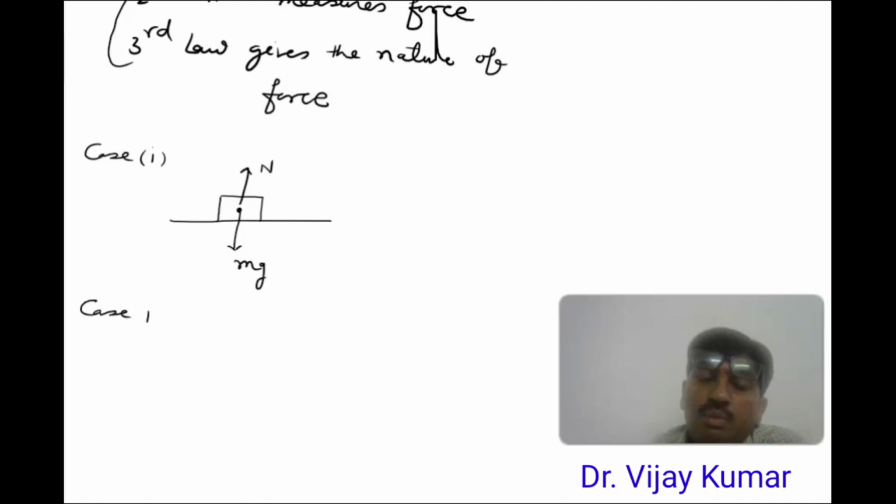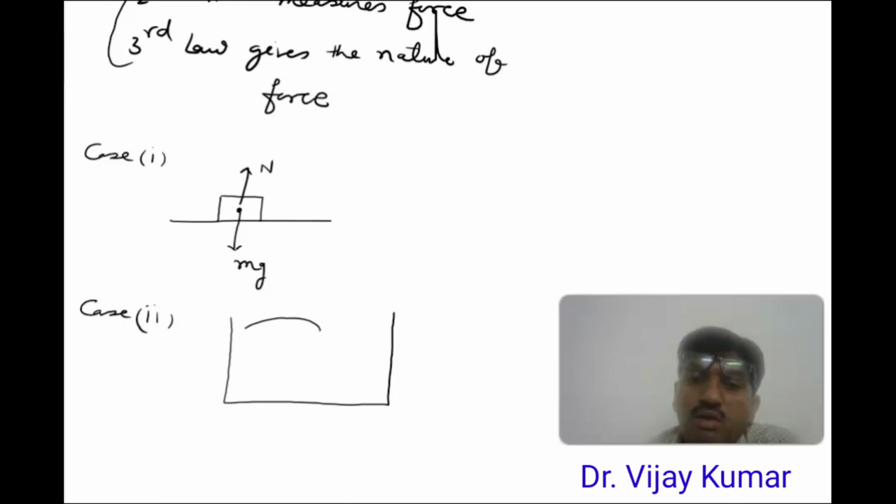Case number 2. Suppose there are two spheres. This is one sphere, and this is another sphere. This is sphere A and this is sphere B, and the walls are rigid.